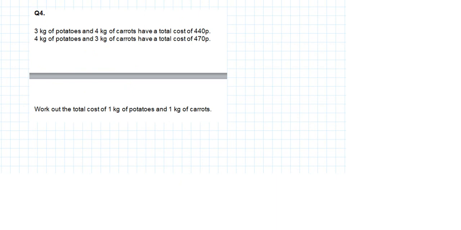3 kgs of potatoes and 4 kgs of carrots. Let's make this 3p for 3 kgs of potatoes, plus 4c for 4 kgs of carrots, have a total cost of 440 pence, and 4 kgs of potatoes, so that's 4p, plus 3 kgs of carrots have a total cost of 470 pence.